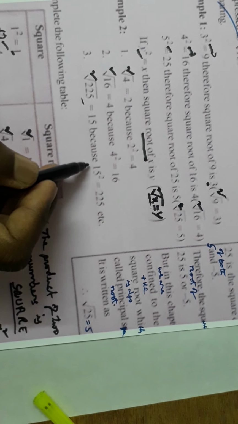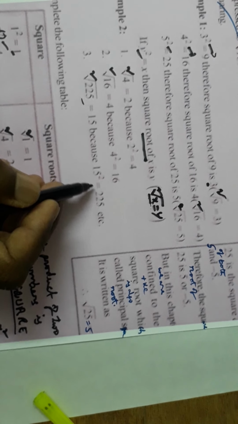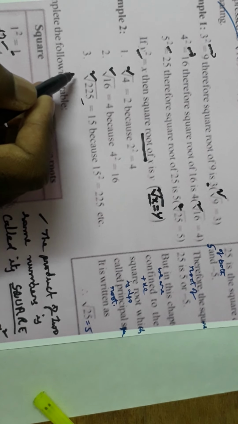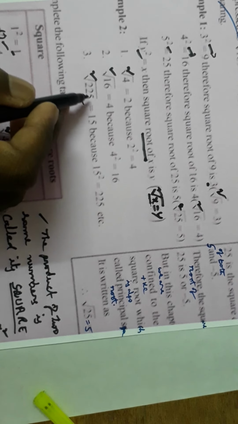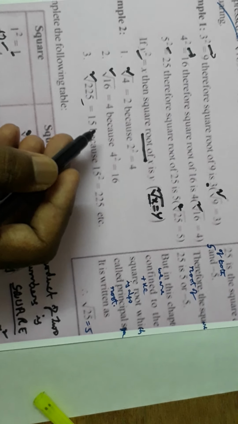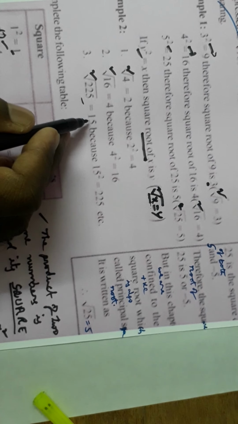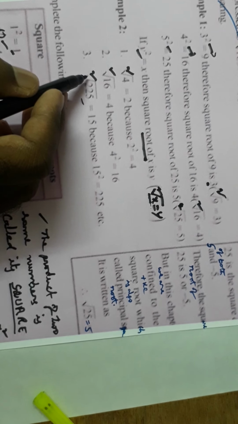Root 225, square root 225 is equal to 15, because 15 square is equal to 225, etc. Okay. The square root transfers to the other side, that is the right side, 15 square. Okay.